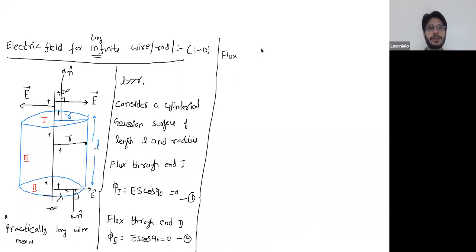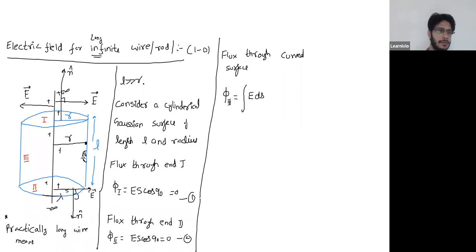Next, let's calculate the flux through the curved surface. If you have a curved surface, then flux through it is the integral of E ds. If I consider an element here and call it ds, the direction of ds is along the x-axis.